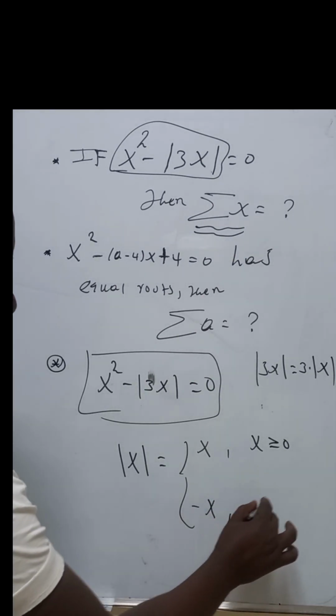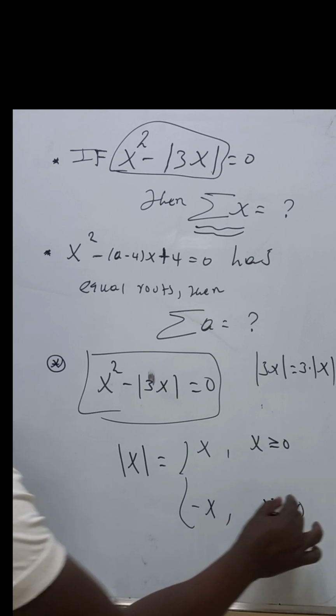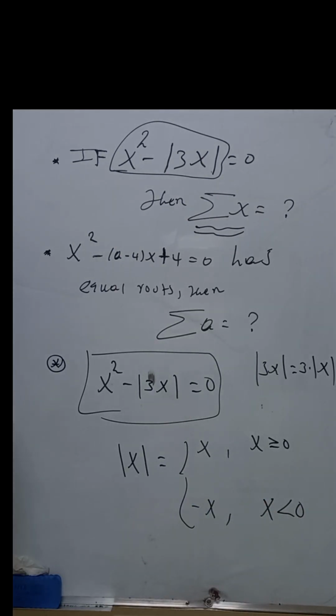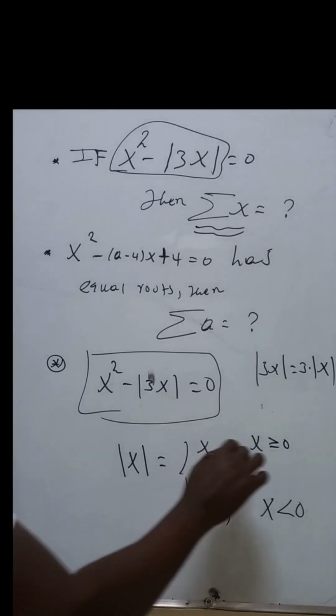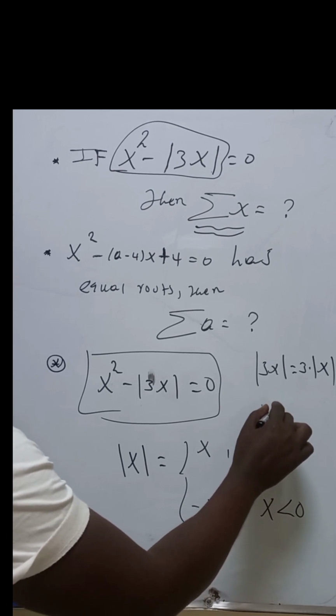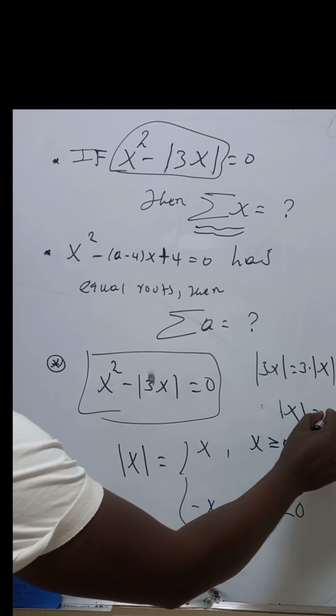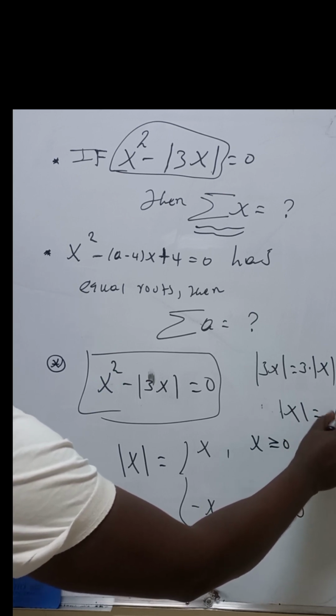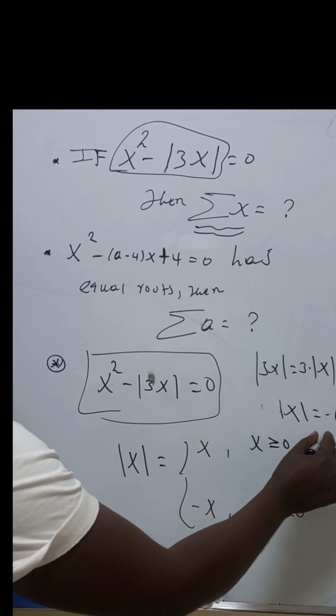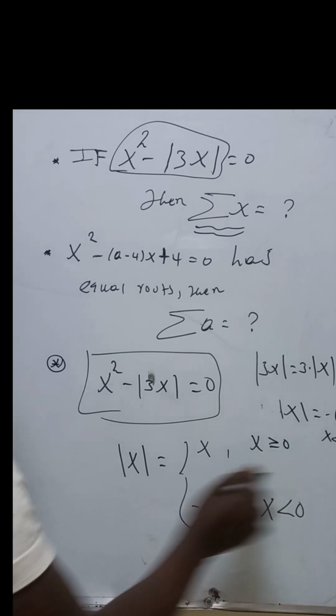This is possible if x is less than 0. You know why? Because, as I have already said, there is a negative measurement. Because of that, modulus of x is equal to minus x. This is possible if x is less than 0.